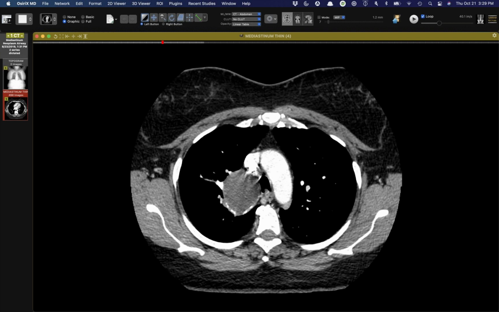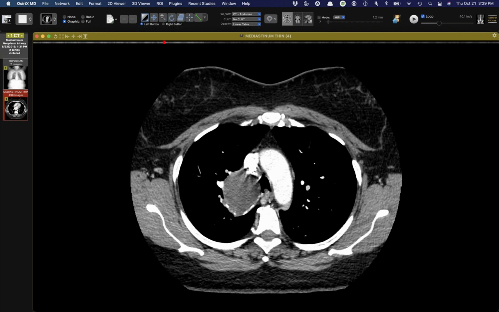Anybody want to guess what it is? Oh gosh, no, I don't know. Well, is it a primary tracheal lesion, or is it connected to a vessel? It's arising from the posterior membrane or from the trachealis muscle.